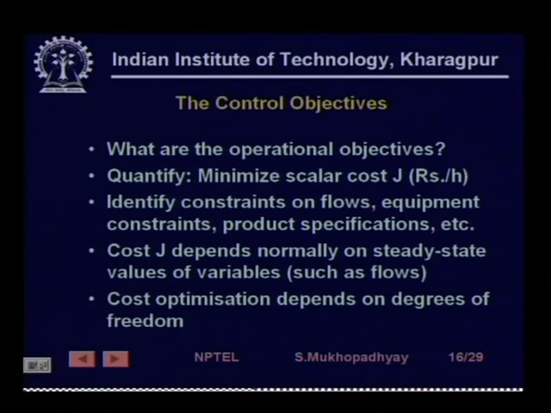Now, this cost optimization, to what extent it is possible, depends on the degrees of freedom. Now, what are the degrees of freedom? Degrees of freedom tries to answer this question: suppose you have this plant, these are the governing equations, these are the things which can be manipulated, and those are the things which cannot be manipulated, they are given to us, they are disturbances, some feed coming at some flow rate or some temperature, no control on that.